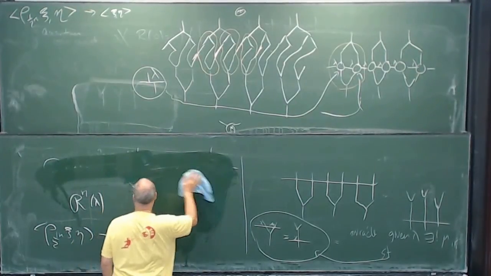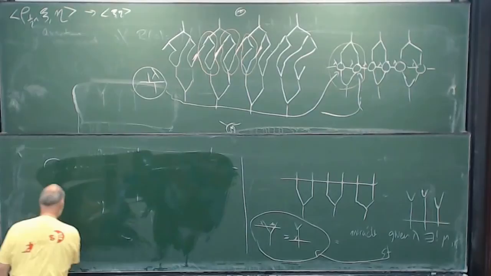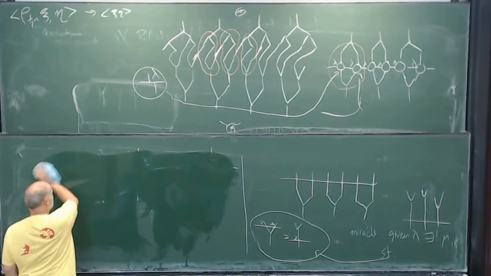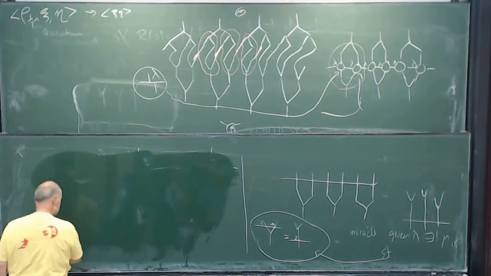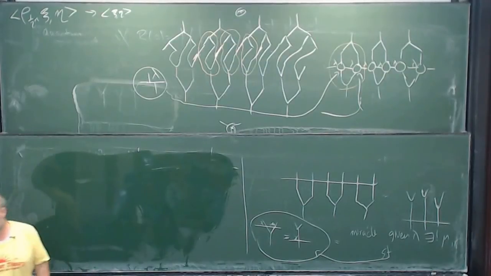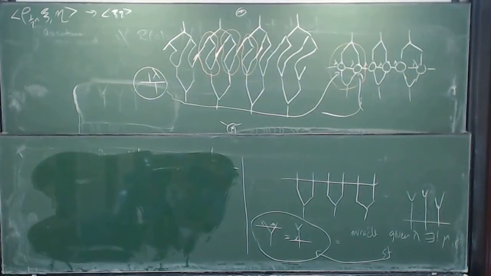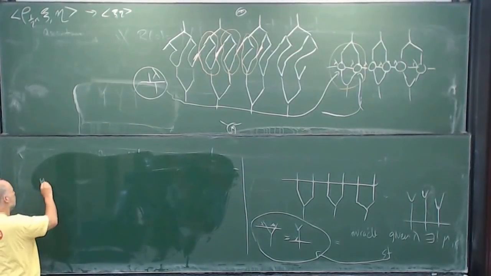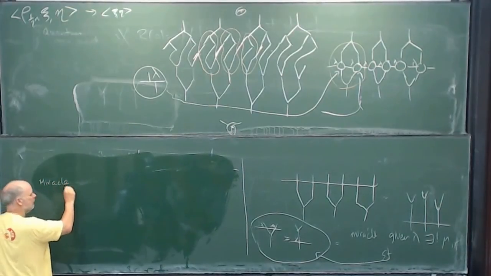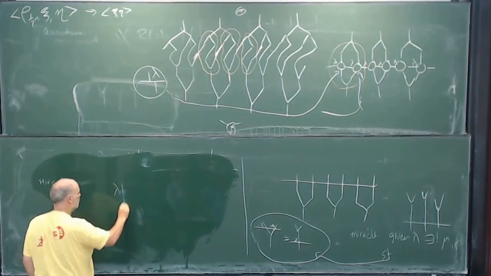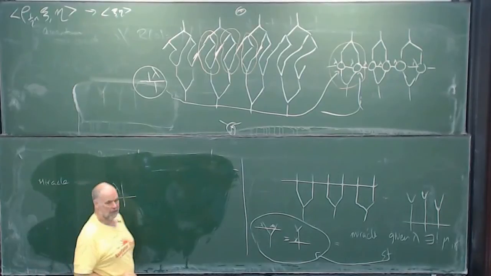So, what's the miracle? The miracle is, the solutions of this equation, lambda, are on the Yang-Baxter curve.